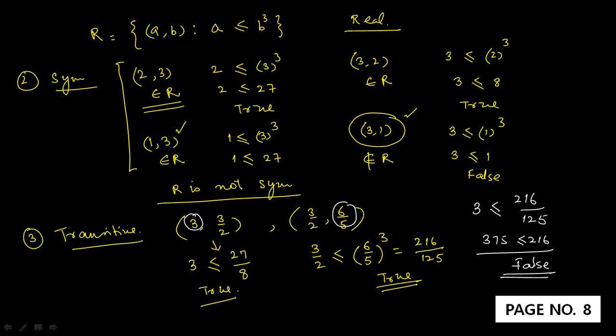It means again this set of values is not transitive. Similarly, you can take other examples. There are too many examples in which this set is neither reflexive nor symmetric nor transitive.